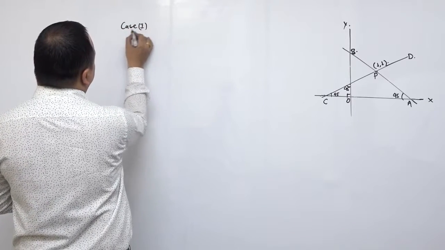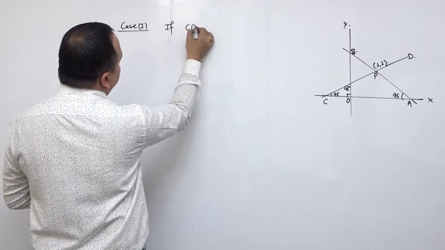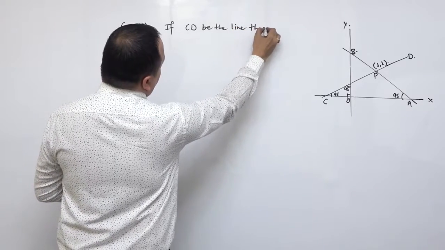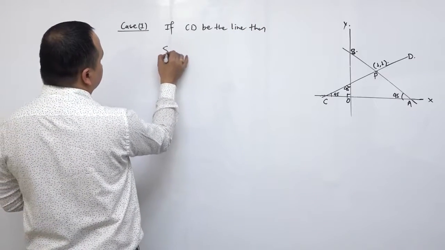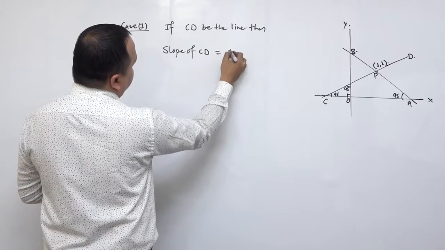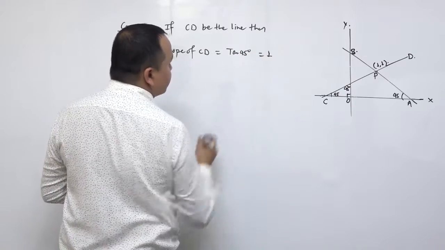Case 1. If CD be the line, then slope of CD is tan 45, which is 1.